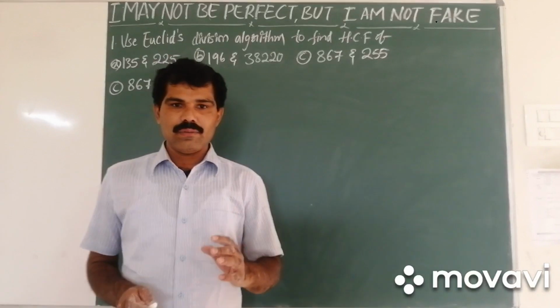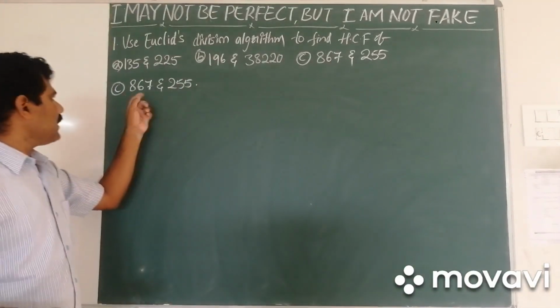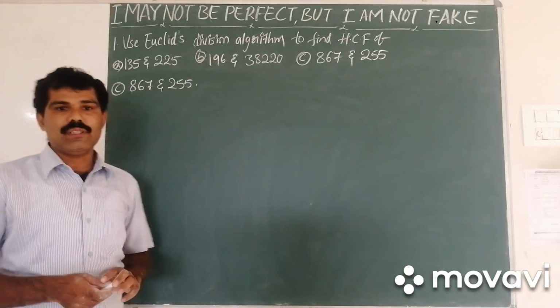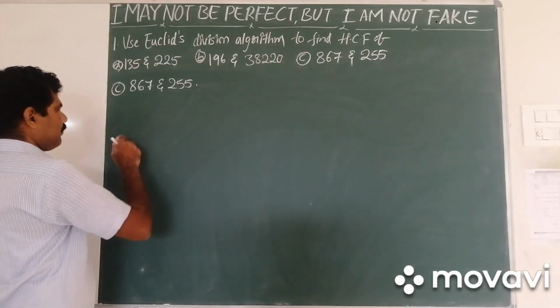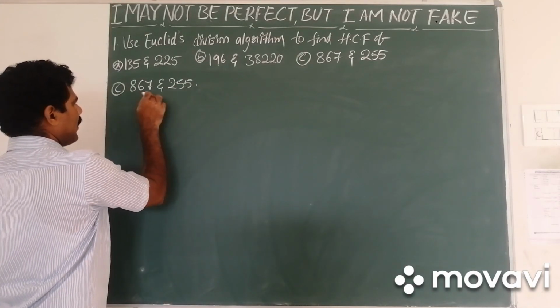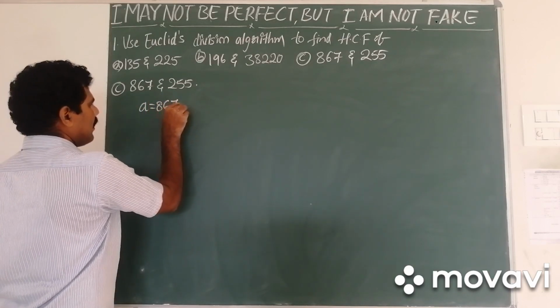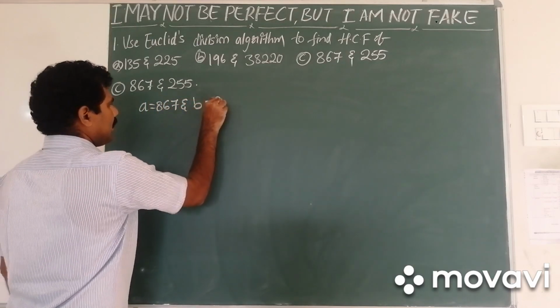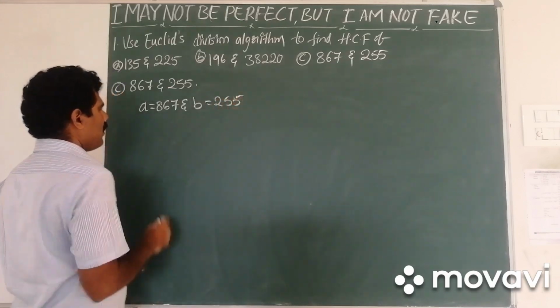Okay, now the third one, that is 867 and 255. Yes, how to solve? First we have to take A as the big value, that is 867, and B, that is 255. So what we have to do?